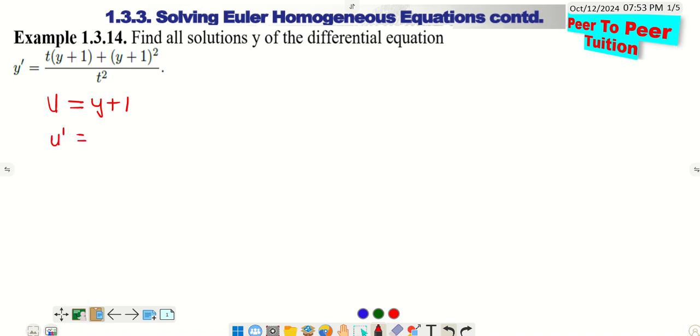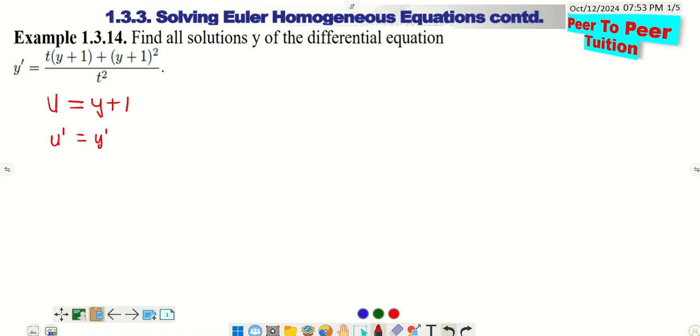Then if I differentiate y with respect to t, I'll get y prime. If I differentiate a constant, I'll get 0. So u prime is equal to y prime and u is equal to y plus 1. So we substitute these two into this equation.